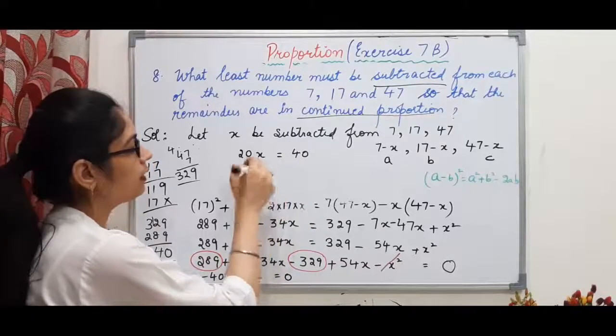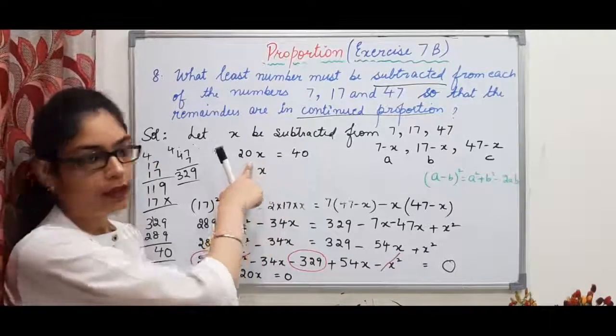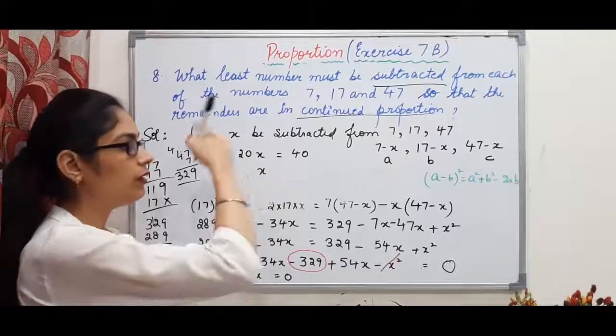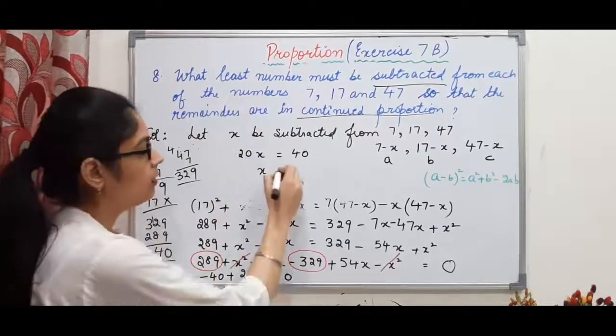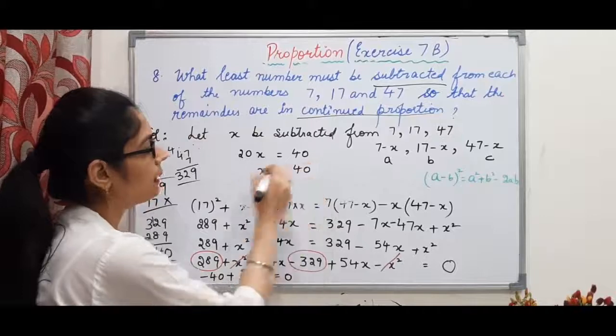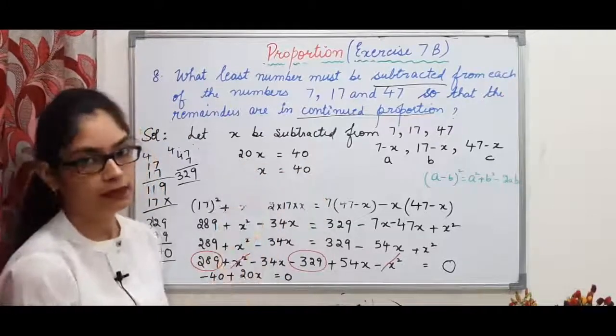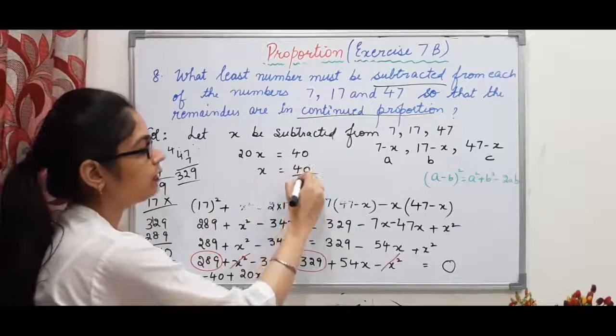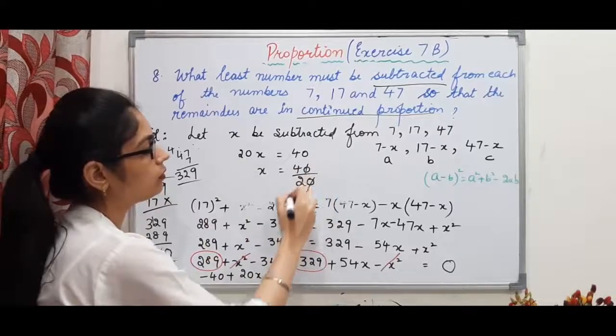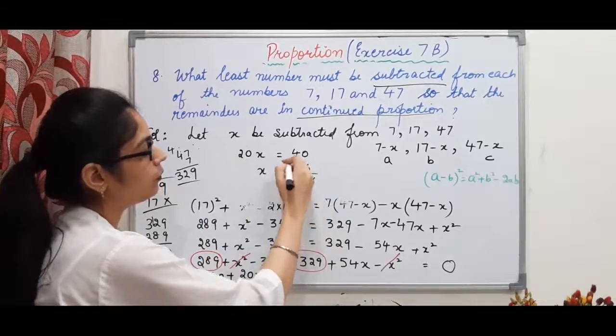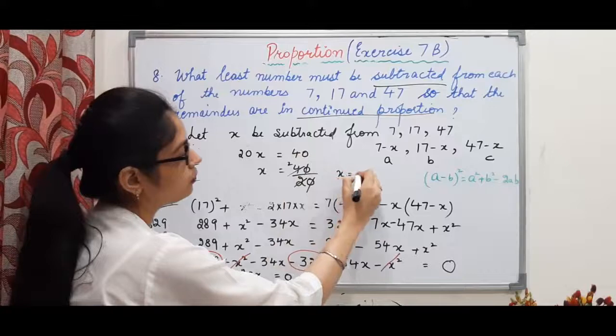Now alone x we have to find, so this is 20x, so 20 also we will shift to the other side. So 20 is getting multiplied this side, multiplied by x. When we shift it to the other side it will get divided. So 0 and 0 cancel, 2 into 1 and 2 into 2. So x is equals to 2.